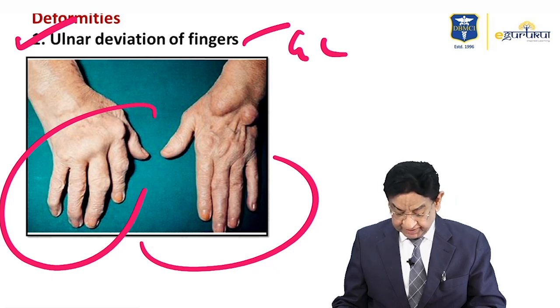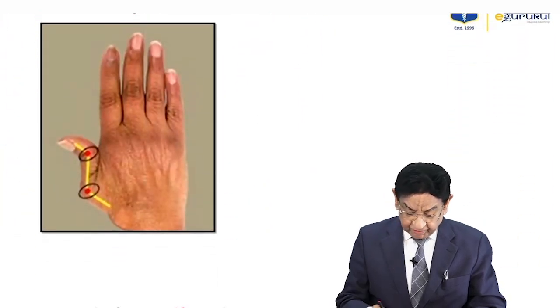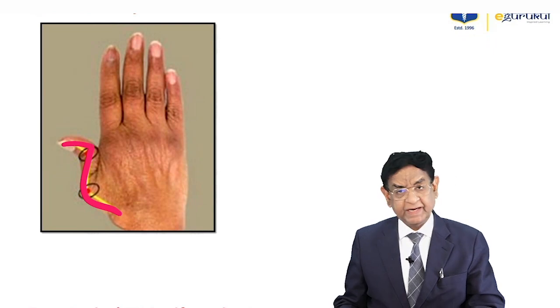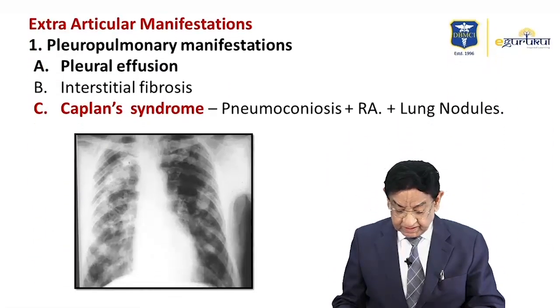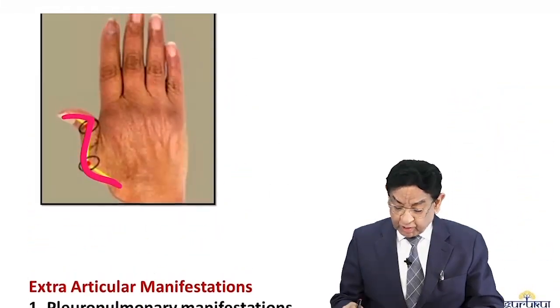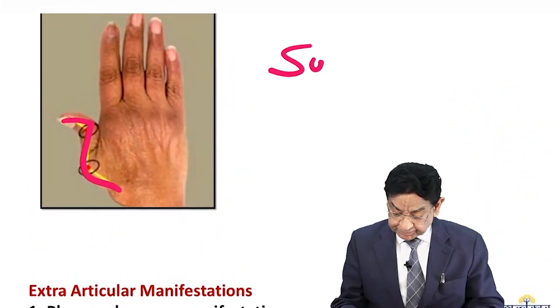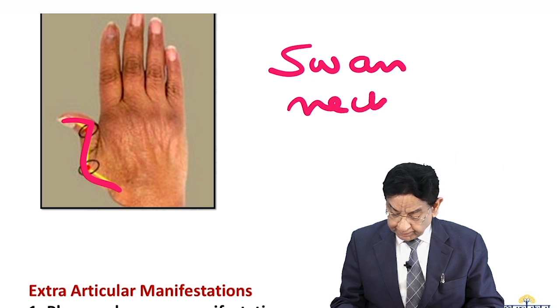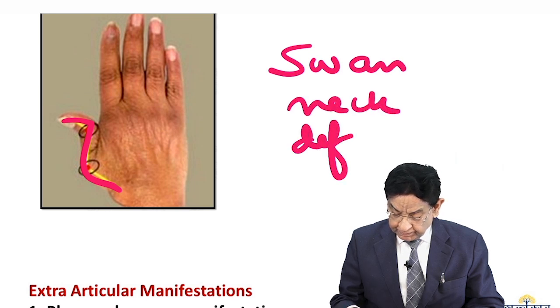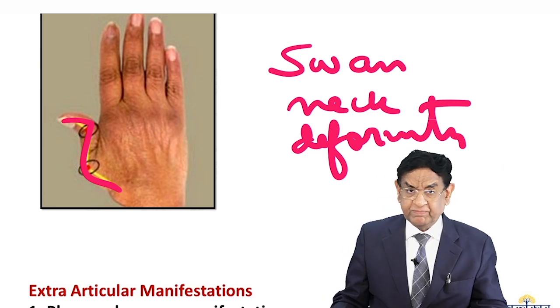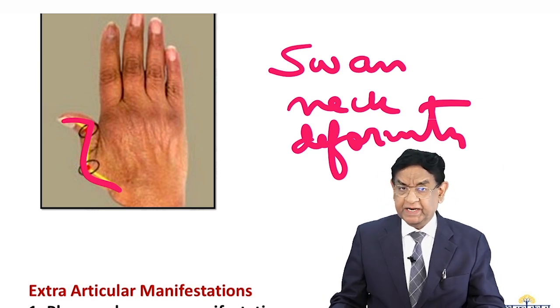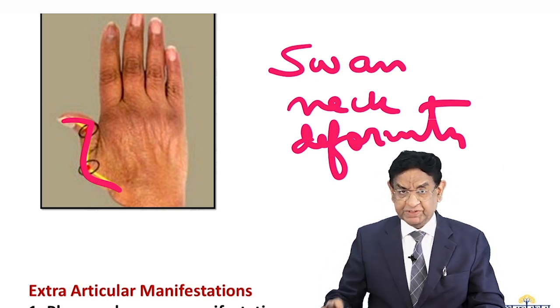Ulnar deviation of the finger. Z deformity is the other deformity. Again, a commonly asked question. And one more thing is swan neck deformity. So friends, don't forget swan neck deformity, Z deformity, and of course ulnar deviation of the finger is the pathognomonic feature.